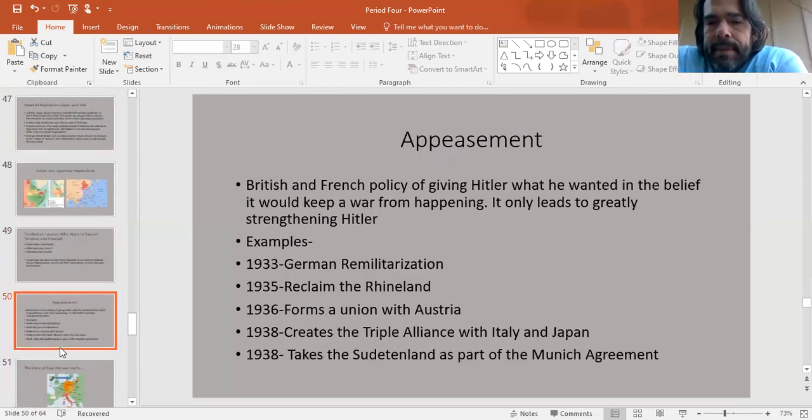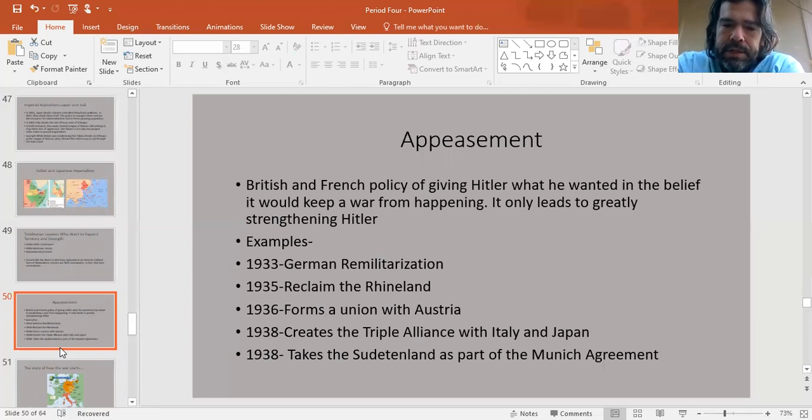Now, the other big thing that's going to lead directly to World War II is a British and French policy called appeasement. Because of how war-weary they are, and because they're suffering from the internal crisis of the Great Depression, the British and the French are going to have multiple opportunities to stop acts of fascist aggression, and they choose not to.